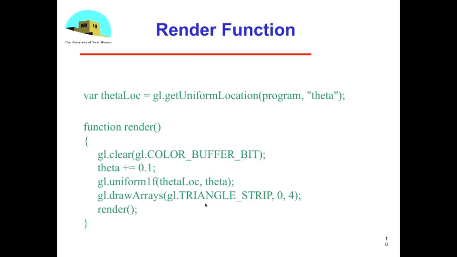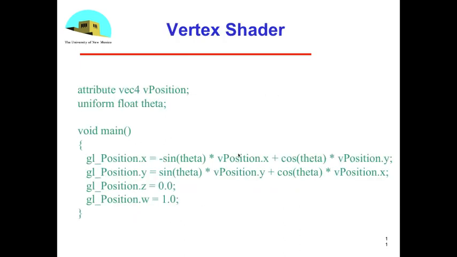Okay, well, let's look at the vertex shader before we get to what's the problem here in this little render function. Here's a real simple vertex shader. It says we have attributes again, which are the 4 vertex positions which have been sent in. I say that theta here is a uniform float, and now I compute new positions from the original positions, v position.